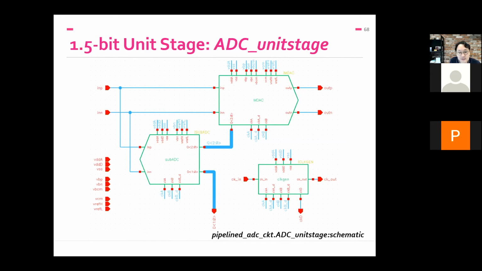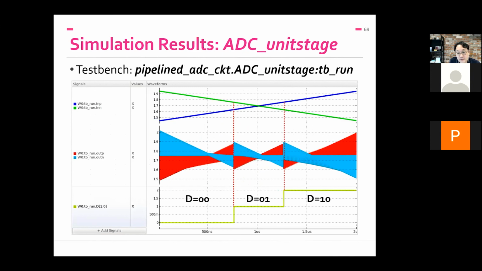Just keep pressing the model button to generate the model. And here's the simulation result for that stage. As the input gradually changes, the digital output also gradually changes, and the residual output shows this sawtooth transfer function, which is expected from this stage.